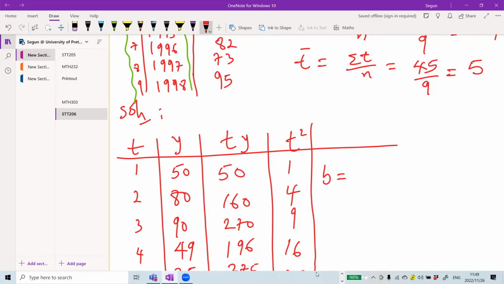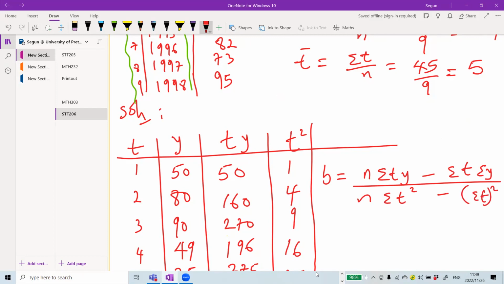The formula for B is what? N summation TY minus summation T summation Y, all over N summation T squared minus summation T in bracket squared. So all you need to do is just substitute. What is N? Our N is 9.